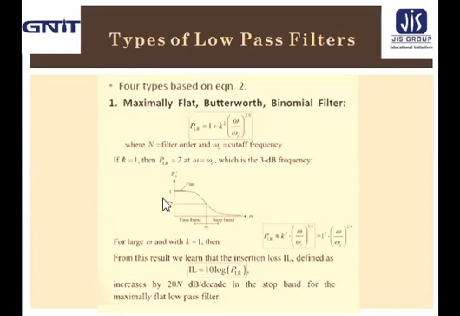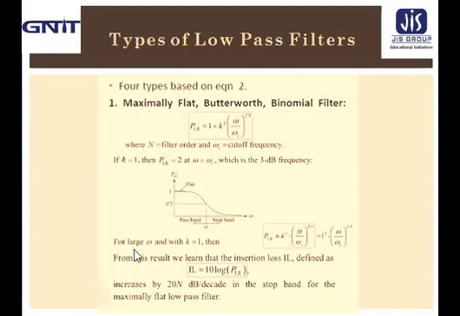Now, from the figure, if we see the graph of this type of filter, that portion is flat, and this portion is the pass band and stop band. On the y-axis is PLR, the power loss ratio, and on the x-axis is omega. This graph represents PLR versus omega.